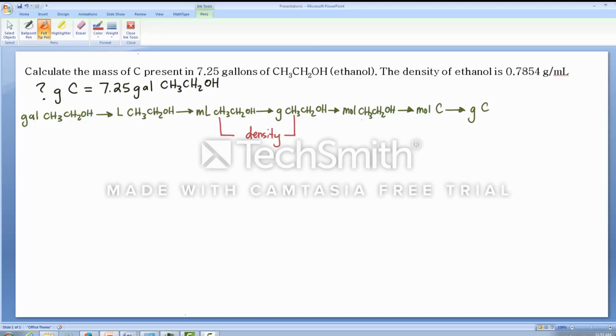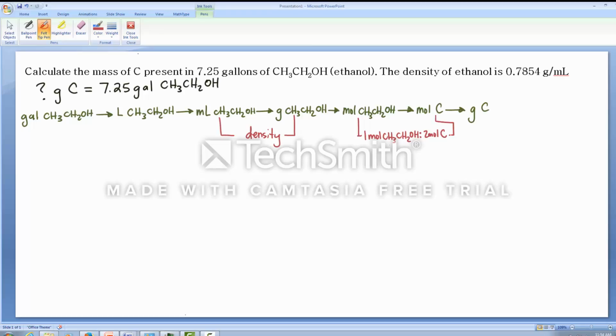From this step, from moles of CH3CH2OH to moles of C, we use the chemical formula that says there's 1 mole of CH3CH2OH per 2 moles of carbon.